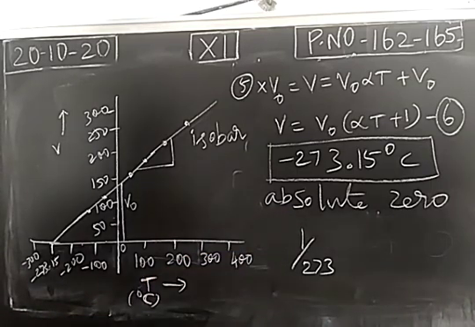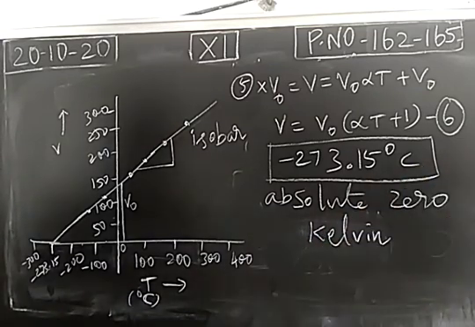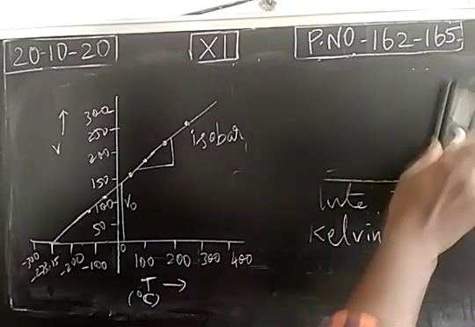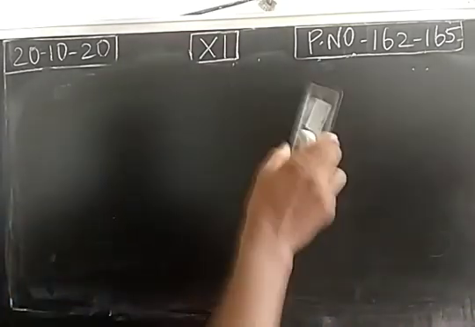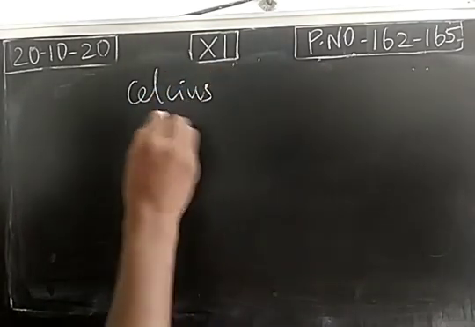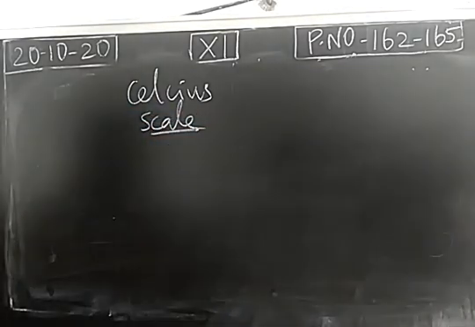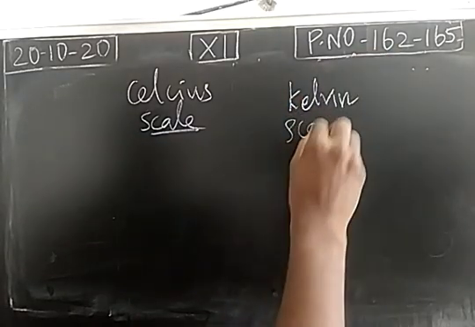This is introduced by the scientist Kelvin. So Kelvin introduced the value absolute zero, the temperature at which the volume of a gas is 0. Based on this absolute zero value, he introduced a new temperature scale. Already we follow the Celsius scale, isn't it? Kelvin introduced a new temperature scale called the Kelvin scale.